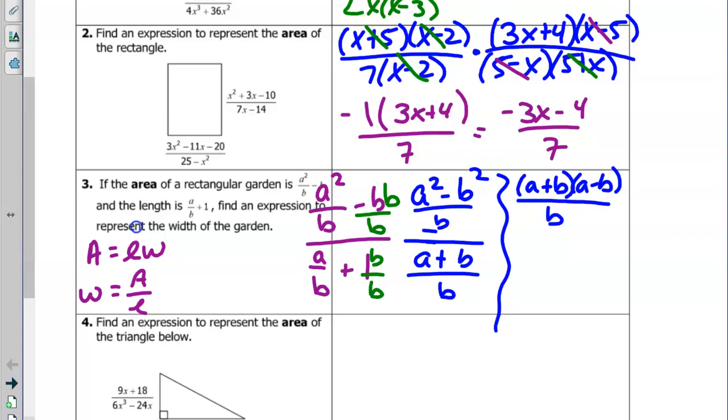And then what do I multiply by? Very good. And then we'll start canceling stuff out. So they all cancel out except for a minus b. Very good. That's all we have left. The b's cancel out. A minus b is then our width.